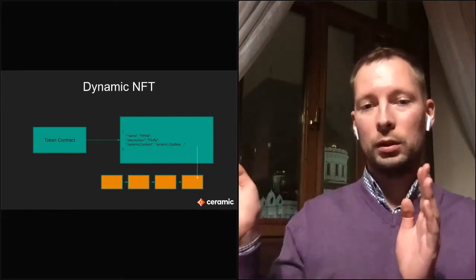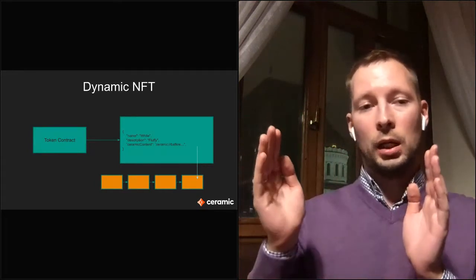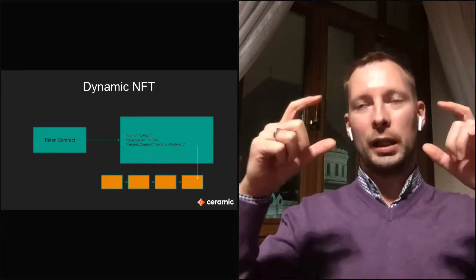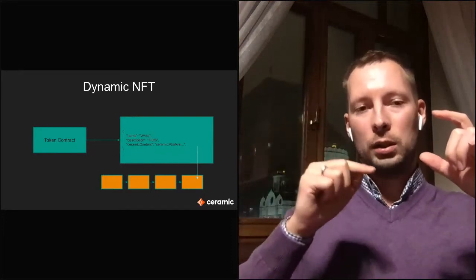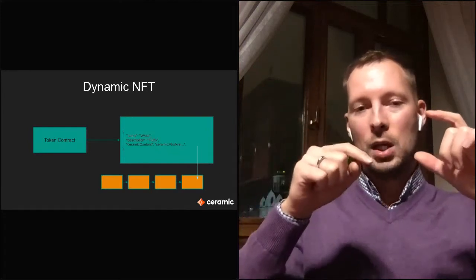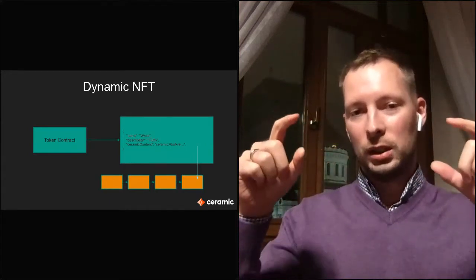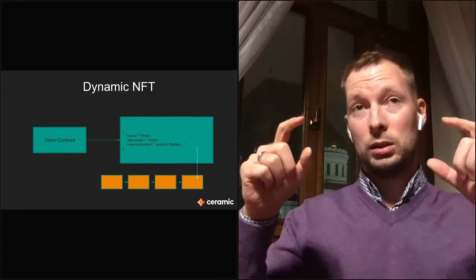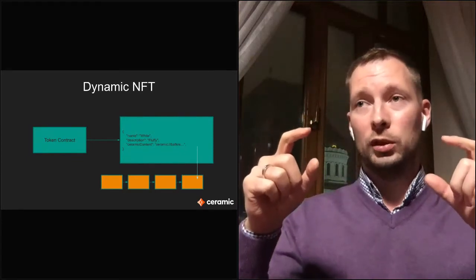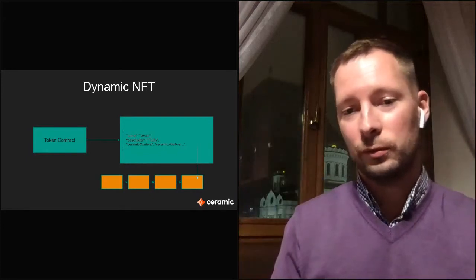So we have a certain set of guarantees on what could be inside a Ceramic stream, and you actually can know the schema of data inside the stream by reading the stream's metadata field. It's there as well, what we call a schema. So yes, that's built on top of JSON schema.